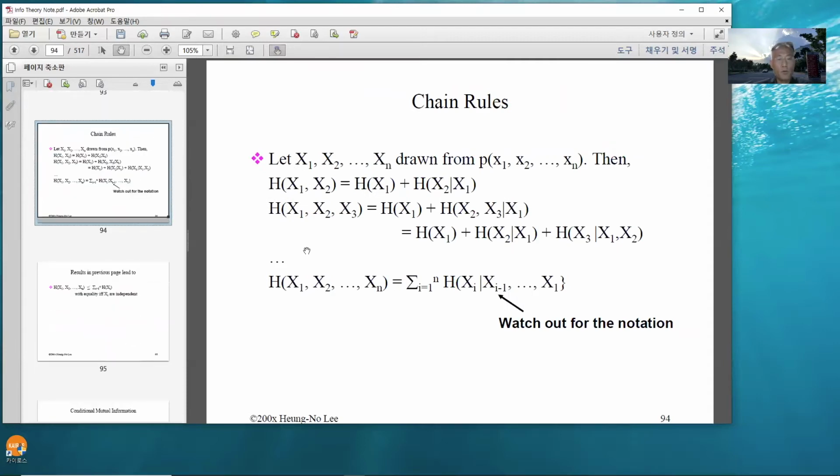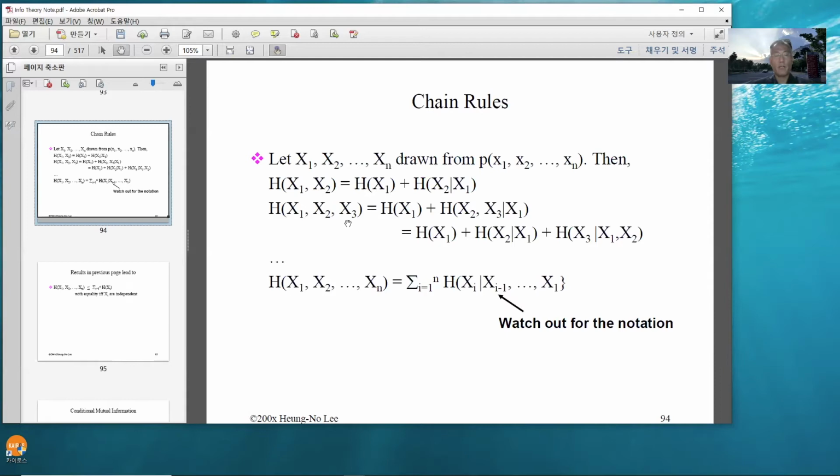Next page talks about the chain rule, and we have random variables x1, x2, ..., xn drawn from joint distribution p(x1, x2, ..., xn). Then entropy of joint random variables x1 and x2 is entropy of x1 plus entropy of x2 given x1.